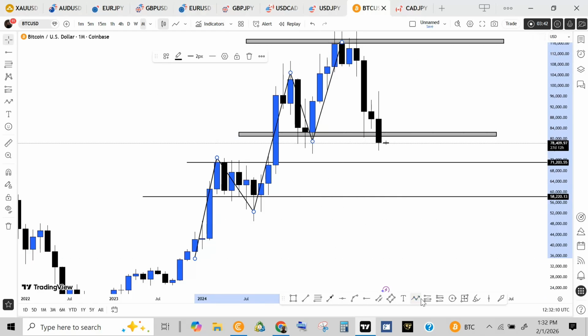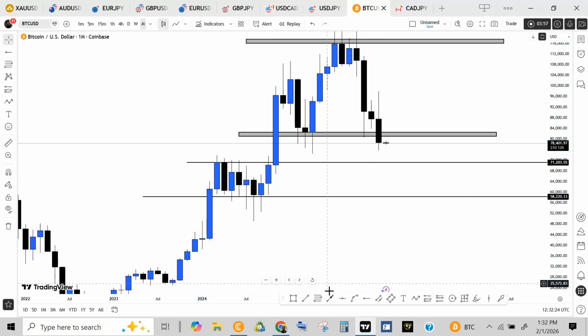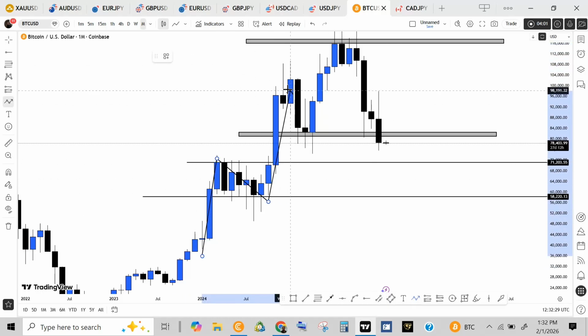And right now it has made this movement to this point to create a lower low. All right. Now, if you are a trader, let me make this very clean. Higher high, higher low, higher high, higher low, higher high, higher low. Now it has broken this level here.